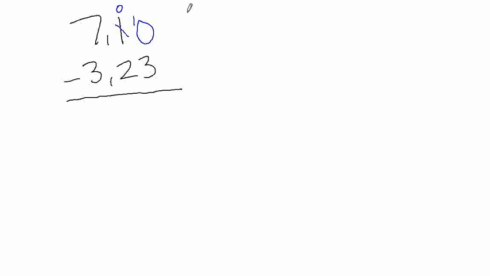So I'll turn the 1 in the 7.1 to 0, and then turn the 0 in the rightmost column to a 10. Okay, 10 minus 3 gives 7. And then for the 0 in the middle column, I'm going to turn that into a 10 by turning the 7 into a 6. 10 minus 2 gives 8. And then finally 6 minus 3 gives 3. So the answer is 3.87.